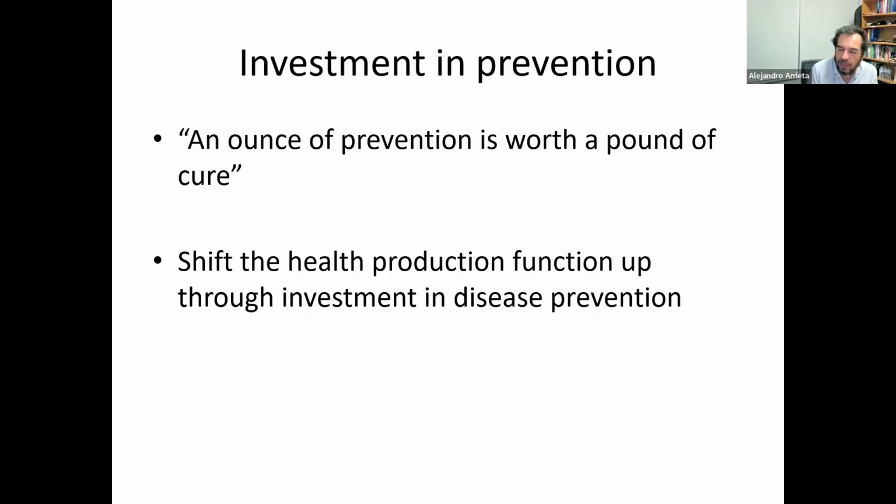So at the end, you spend 20 cents, but you improve the health status of people. So it's still cheap to really invest in prevention. It's still worth it. But keep that in mind: it's not free, right? You need to invest and spend money to avoid something that is more expensive and improve the health status and shift that production function up.